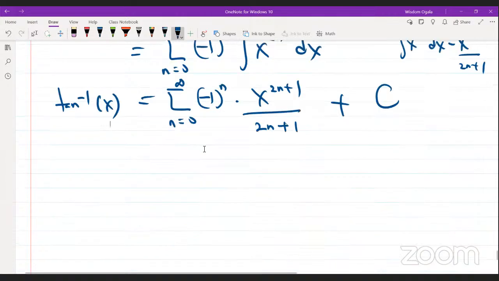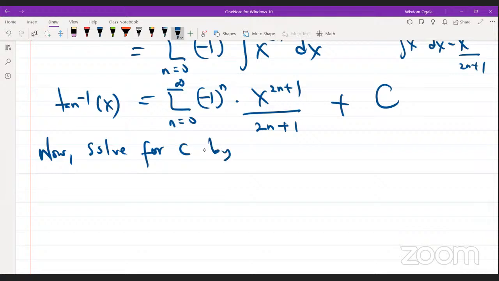It has to be some value. So now, solve for C. How can I solve for C? Solve for C by plugging in x equals 0, okay?